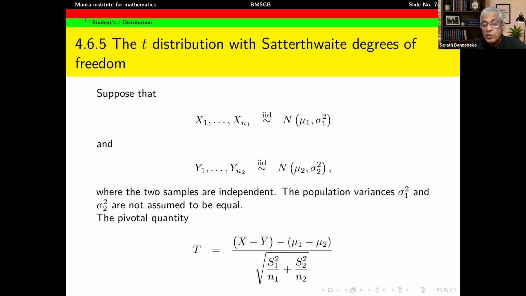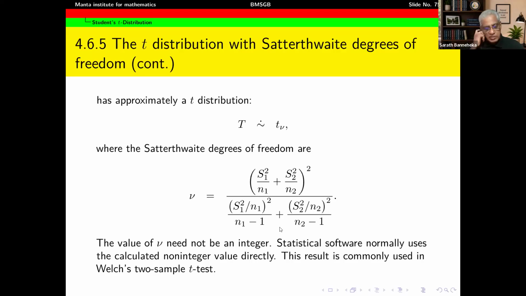In order to see whether it's a pivotal quantity or not, we have to look at the distribution also, right? This quantity has data and parameters in it, but its distribution is not actually an exact T distribution. It will be an approximate T distribution with some degrees of freedom.